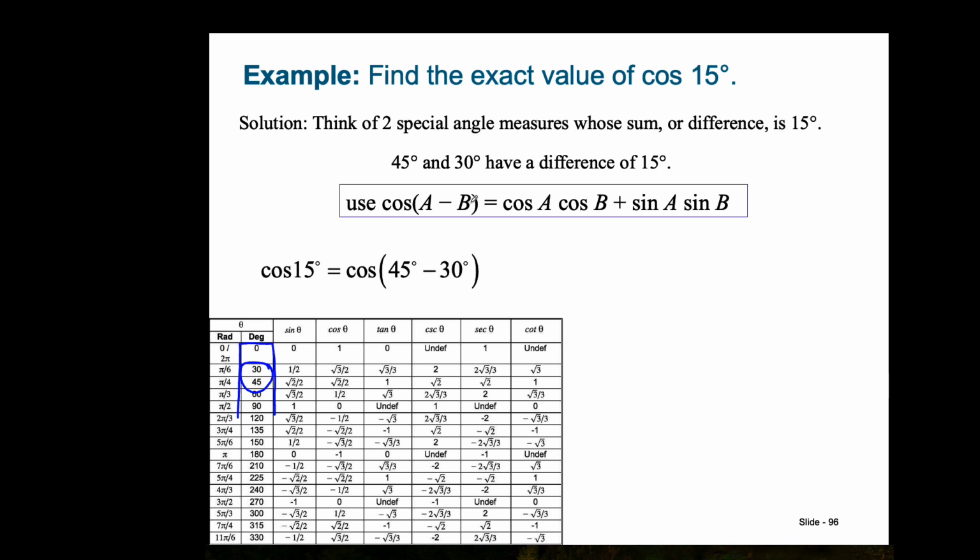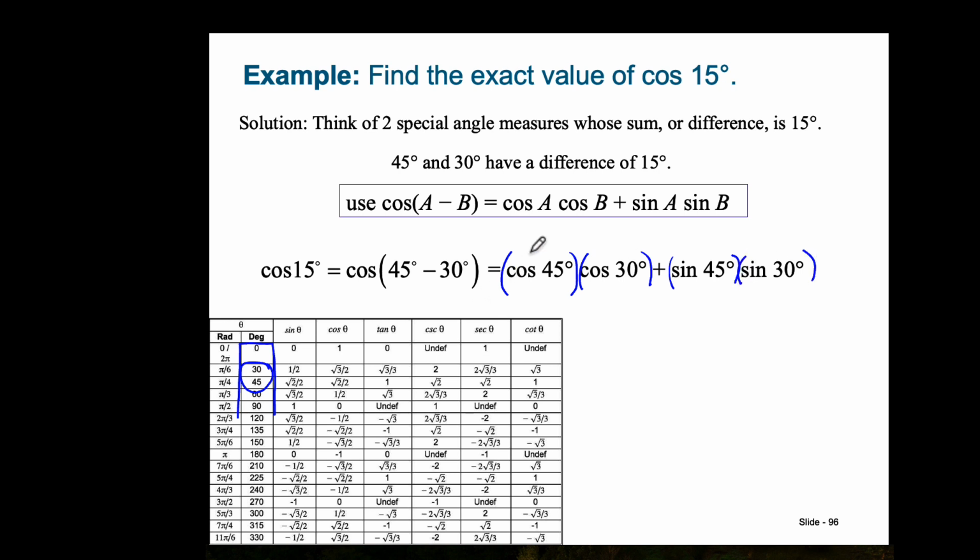So we set it up as cosine of 15 degrees is equal to cosine of 45 degrees minus 30 degrees. Using the identity, that leads us to cosine of 45 degrees times the value of cosine of 30 degrees plus sine of 45 degrees times sine of 30 degrees.